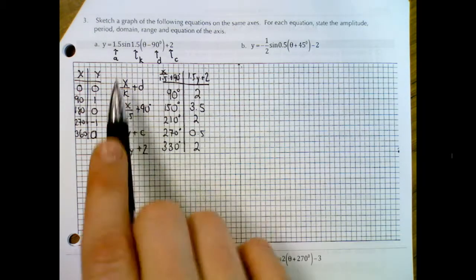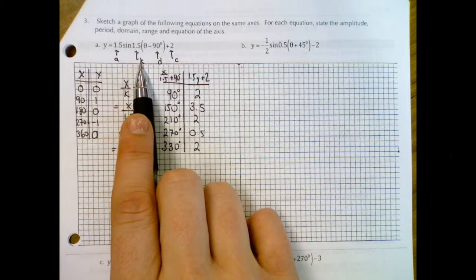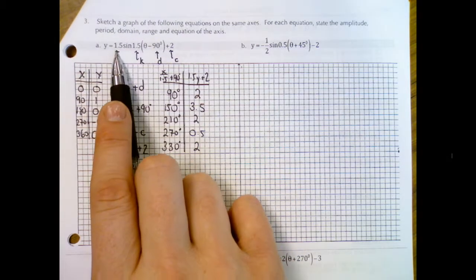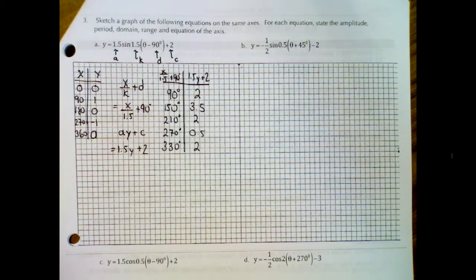Reasonably, though, using just the features of A, K, C, and D, the fact that the period is impacted by K, and that's the amplitude, and that's the axis, and that's the phase shift, you can graph it without even building a table and using mapping notation. And if you can practice that skill, that's a totally acceptable way for you to graph the sine or cos curve. It's just that mapping notation keeps it solid for you, and it's something you can always rely on to give you the graph, and it'll always work.